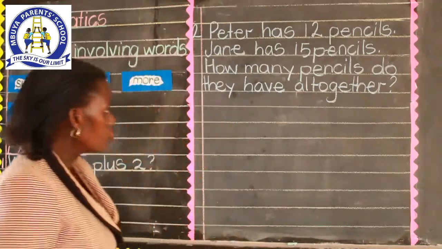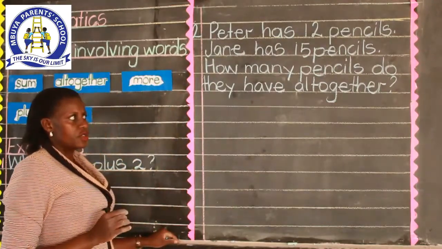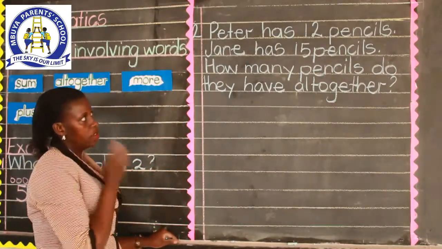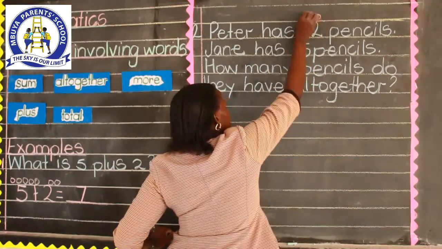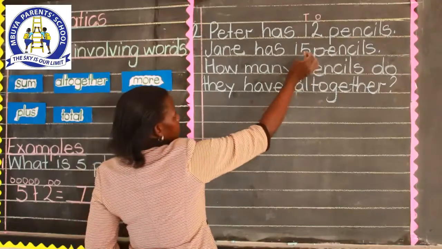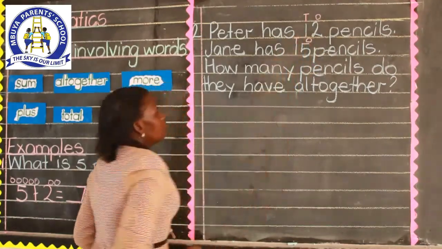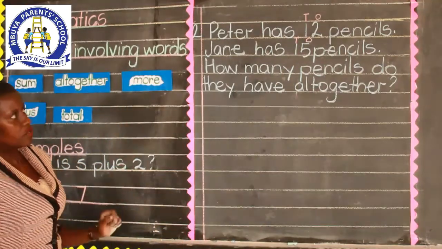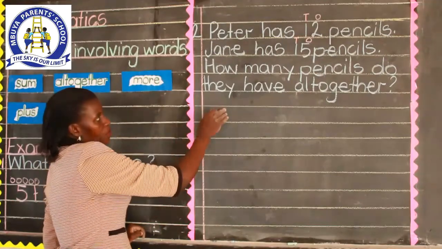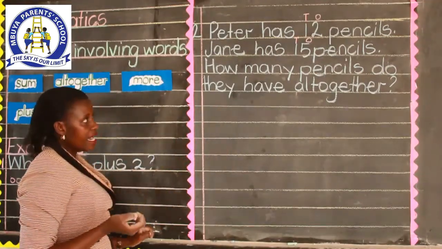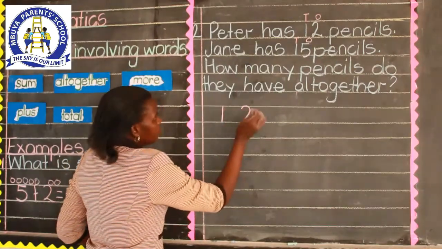Now what we are going to do, children, let us first give them place values so that we can arrange them well. So here we give place value ones and tens. We come to Peter's pencils also, we give place values ones and tens. Now, having given them place values, we bring that we can easily add 12 pencils, which is for Peter.